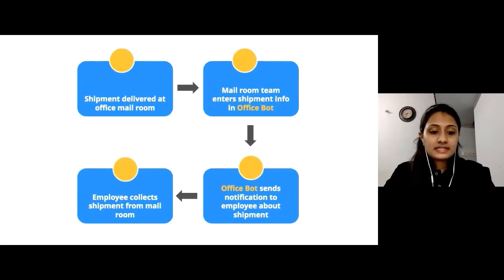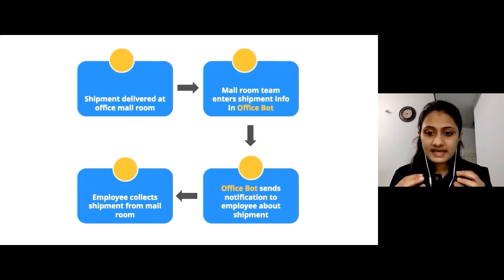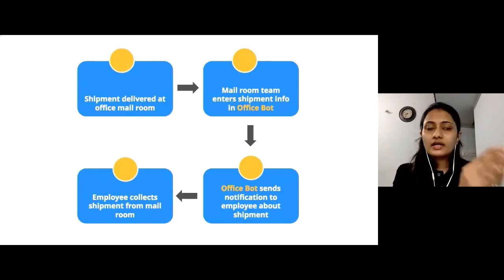Say you're a logistics company that manages a lot of different packages, shipments keep getting delivered, and you keep shipping different things, right? So in that case, the mail room team plays a major role, especially right from tracking down whatever shipments have arrived, adding them and letting people know about a specific shipment that has arrived for a specific department and things like that.